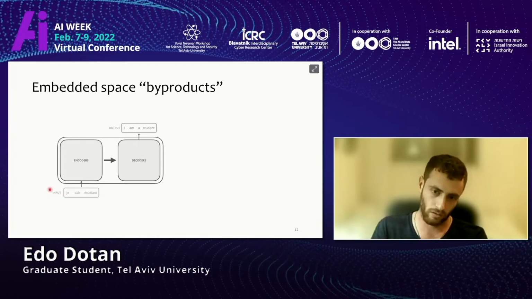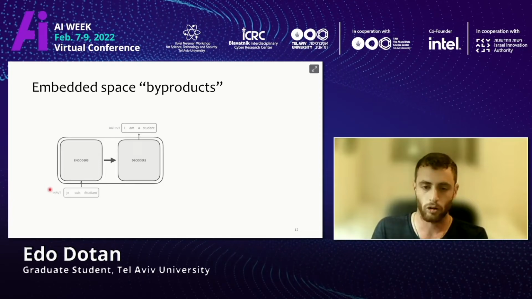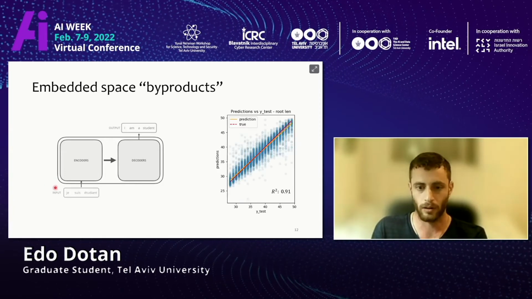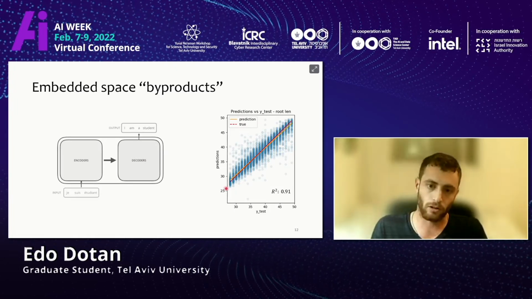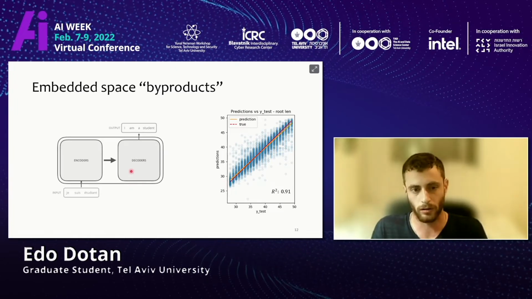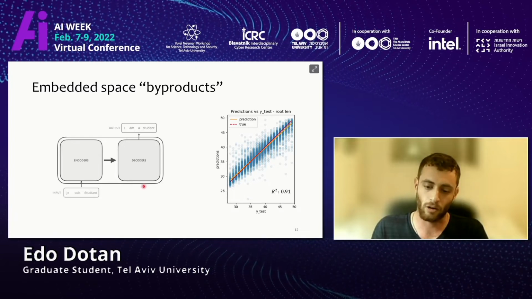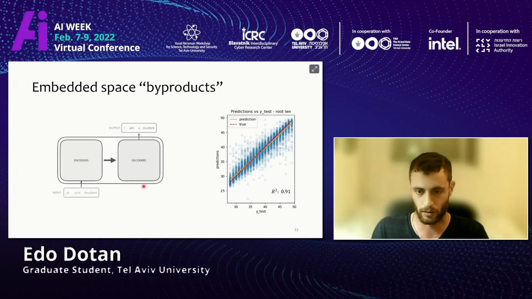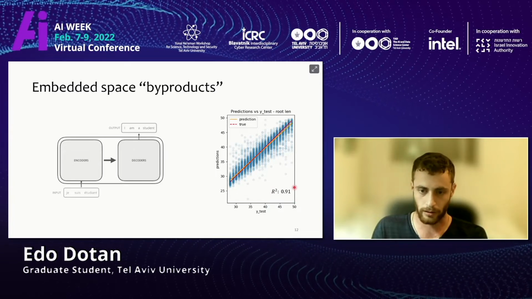So we took this vector and we trained different machine learning tools to predict other things. So you can see the result of a simple linear regression of this vector to predict the length of the common ancestor. We had a pretty good R-squared value.